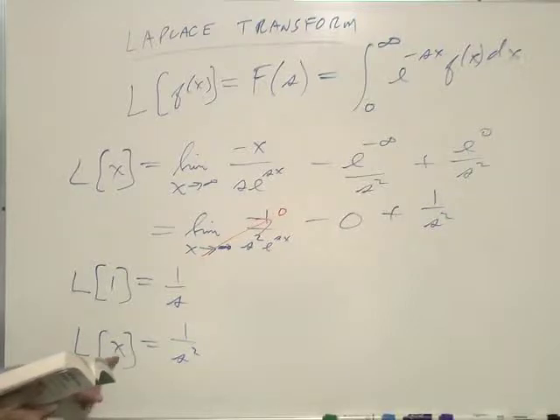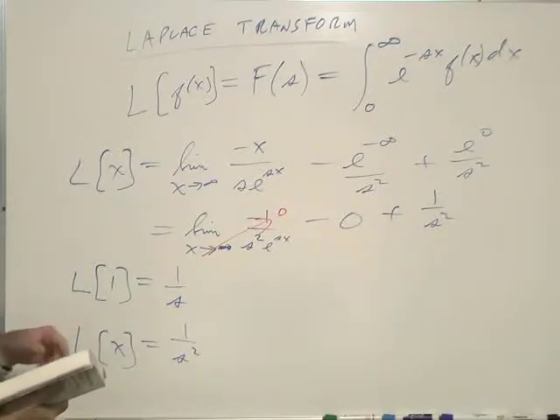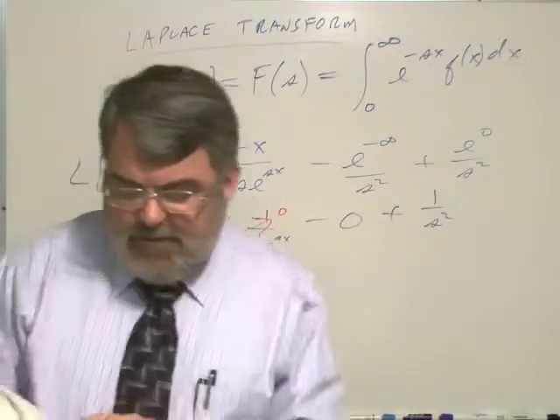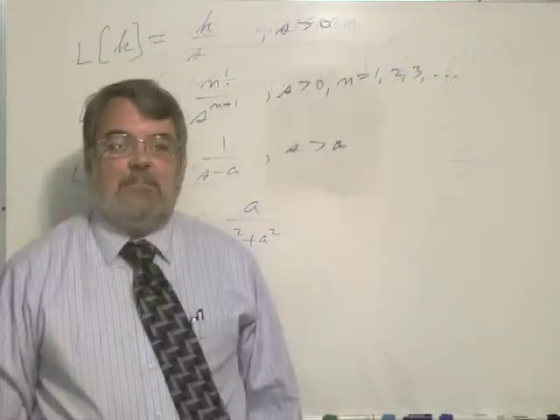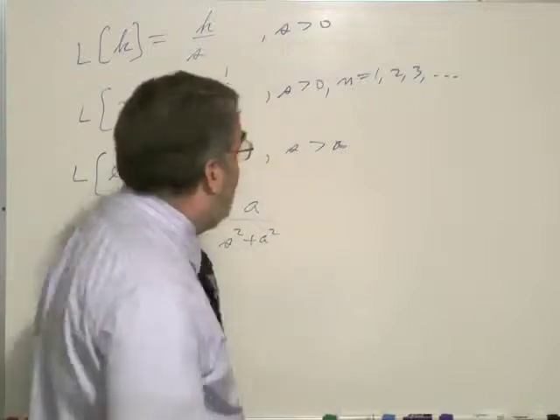And then the Laplace transform of x to the n, this will be the second line, is n factorial over s to the n plus 1. If you plug 1 in, you'll get 1 over s squared. And anyway, there's a bunch of those on there. Let me write a few of these on the board. I wrote a few of these Laplace transforms from the table on page 306.